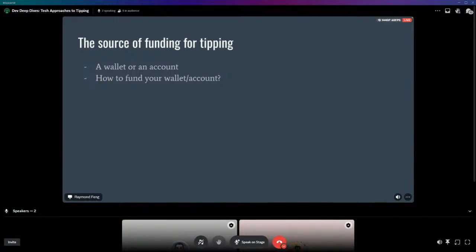So basically, when you get involved in Web3 tipping, you usually need to have a wallet or account to start with. So first of all, how do you get that wallet? How do you get that account? There are many interesting challenges around the onboarding, right? For the traditional way, you get your EOA wallet, which is an externally owned account.